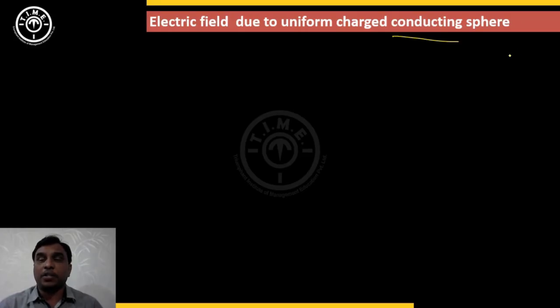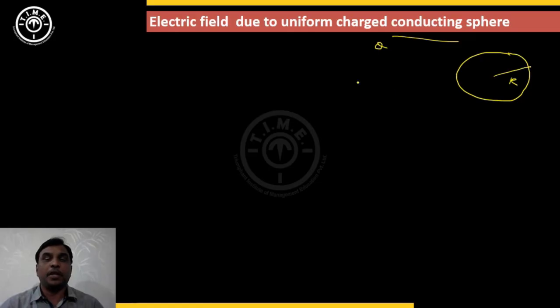Let me take one sphere whose radius is r, to which I have given charge q. Let me calculate the electric field inside the solid sphere. A conducting hollow sphere and a solid sphere are one and the same as long as it is conducting, right?